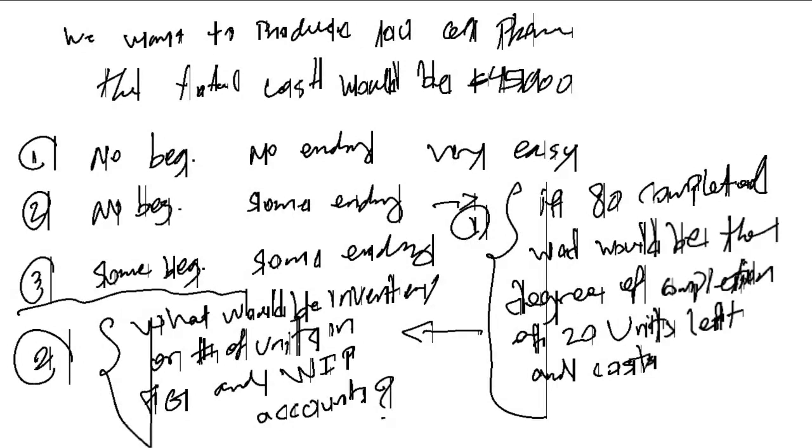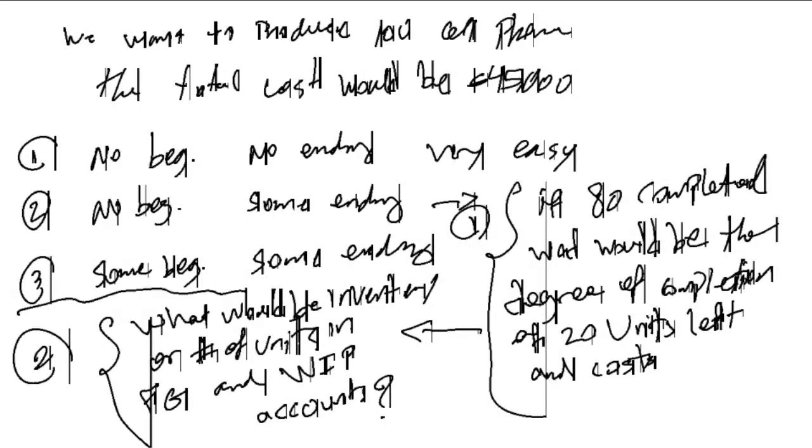We can simply make a journal entry, similar to what we learned in the previous chapters. We account for the material we purchase, move the material to work in process, and from work in process to finished goods to cost of goods sold, and done. So this is case number one, very easy.